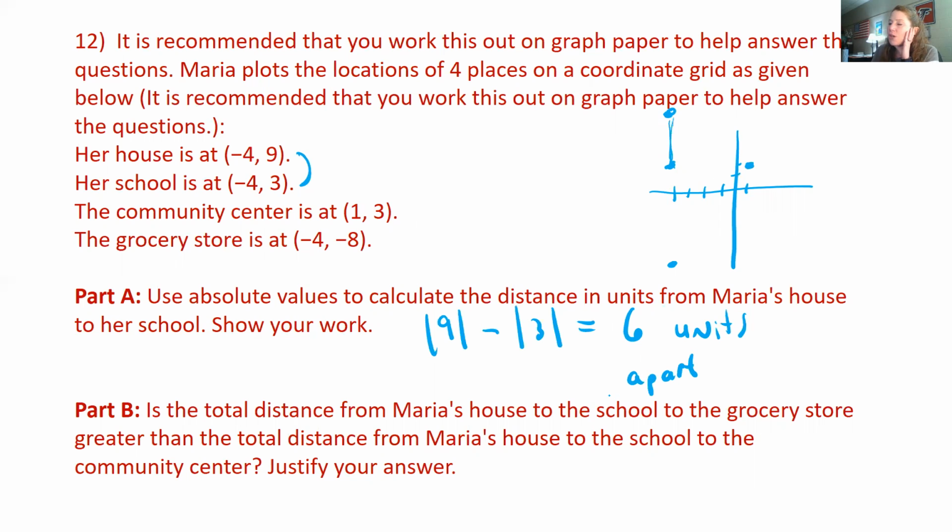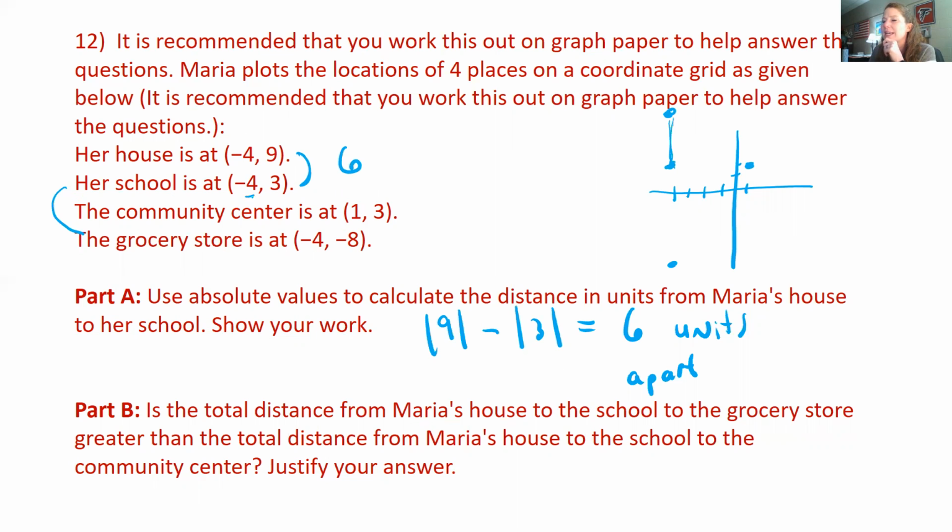And then it says, is the total distance from Maria's house to the school, to the grocery store, greater than the total distance from Maria's house to the school, to the community center? The distance between her house and the school is 6 units. And from the school to the grocery store, how far?